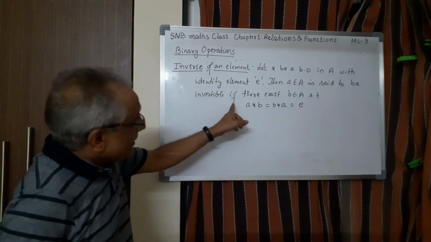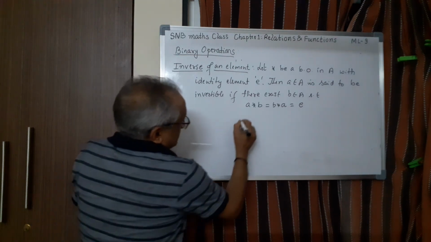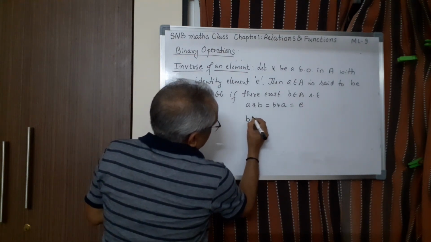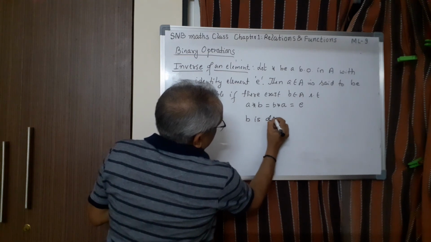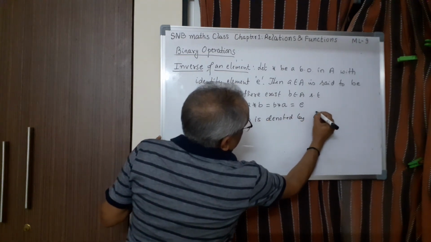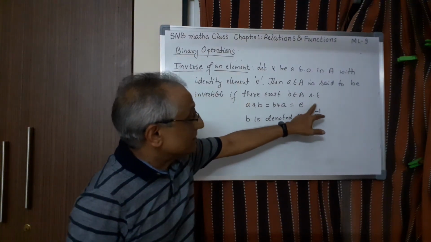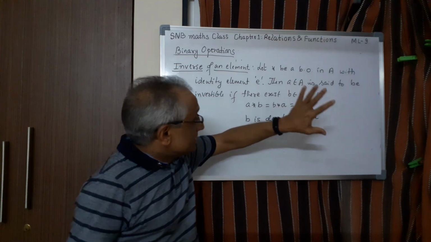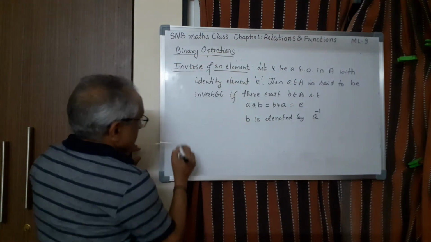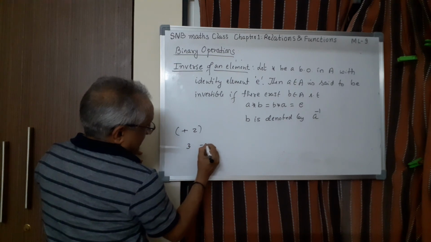That means after the operation you should get the identity element, and this B is denoted by A inverse. Please note here once again, A inverse doesn't mean 1 by A. It is the inverse of A. For example, in case of plus in Z, for 3, it is minus 3 is the inverse.